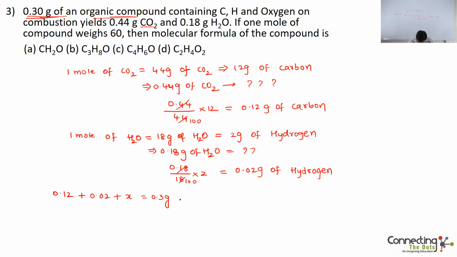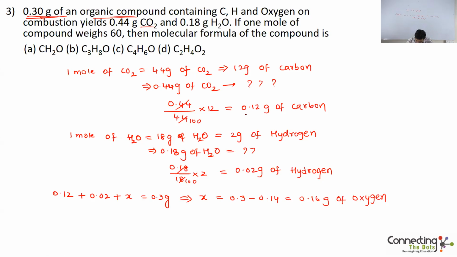What will be X? X is the amount of oxygen present in the sample. So X will be 0.3 minus 0.14, which is equivalent to 0.16 grams. 0.16 grams of oxygen is present in that sample.